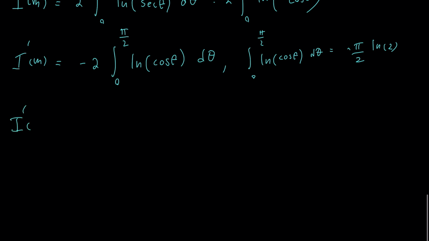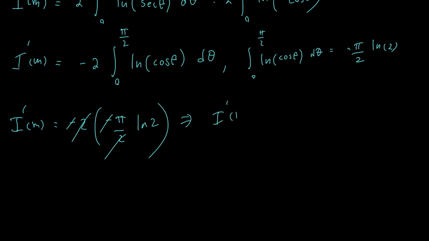So we have I prime of m is negative 2 times negative pi over 2 log 2. The negatives cancel, the 2's cancel, so we're left with I prime of m is pi log 2.